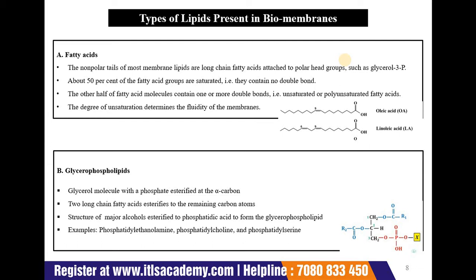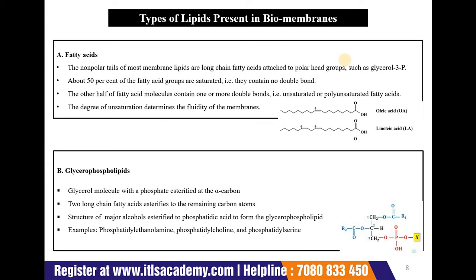Now we have another type of lipid which is glycerophospholipids, another group of major components of biomembrane. So here there is a glycerol molecule with a phosphate esterified at the alpha carbon atom. Then you have two long chain fatty acids which esterify to the remaining carbon atoms. And there is a structure of major alcohols which is esterified to phosphatidic acid to form glycerophospholipids.